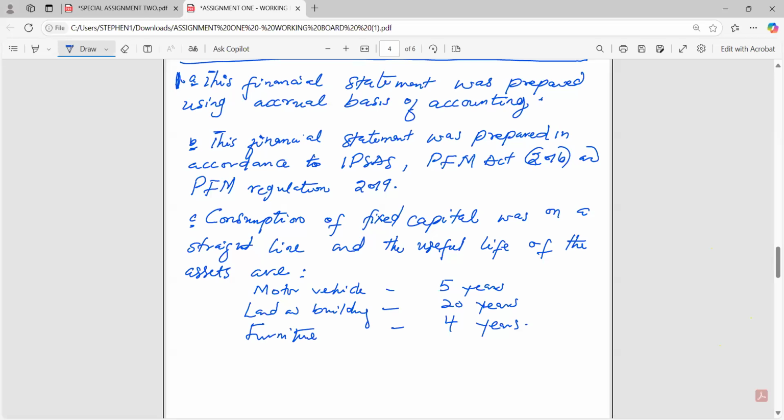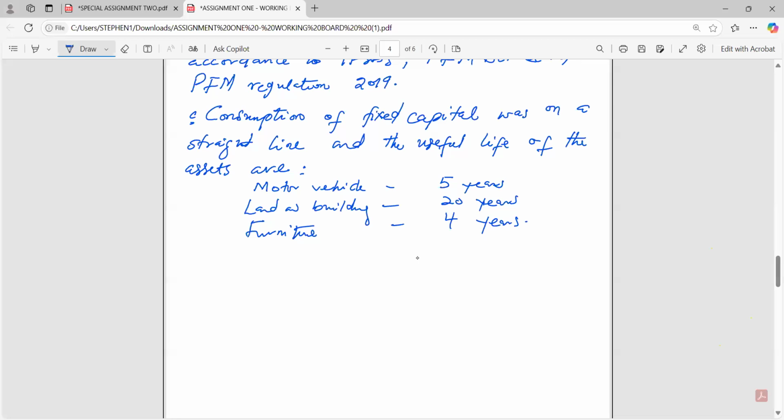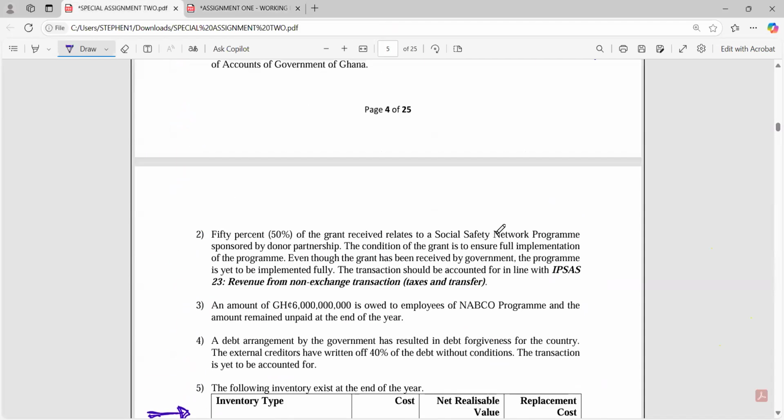If you like, please include another one called measurement of inventory. How inventory is measured. B. How inventory is measured at the lower of cost. So how did they measure inventory?